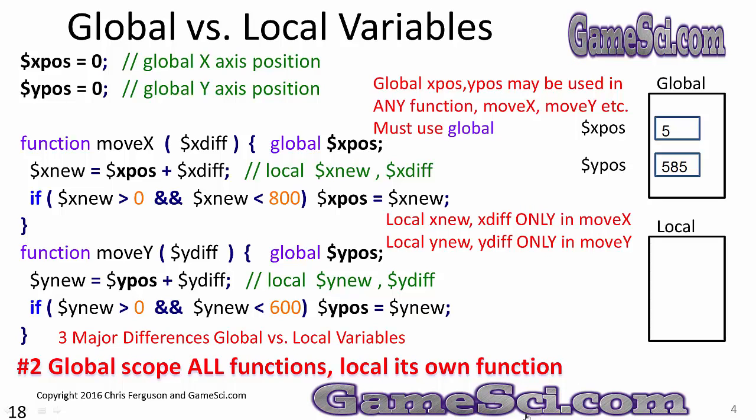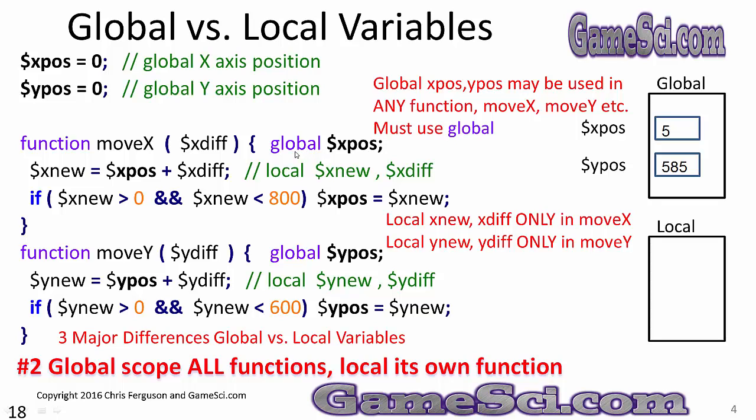The second major difference is what's called the scope. Globals have scope for all functions. Locals means variables are good only in their own functions. The global variables x position and y position may be used in any function, move x, move y, etc., but you must use this keyword global.